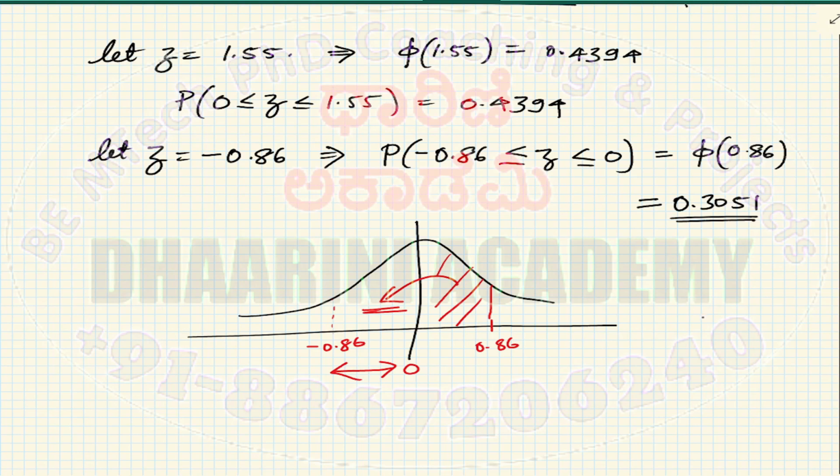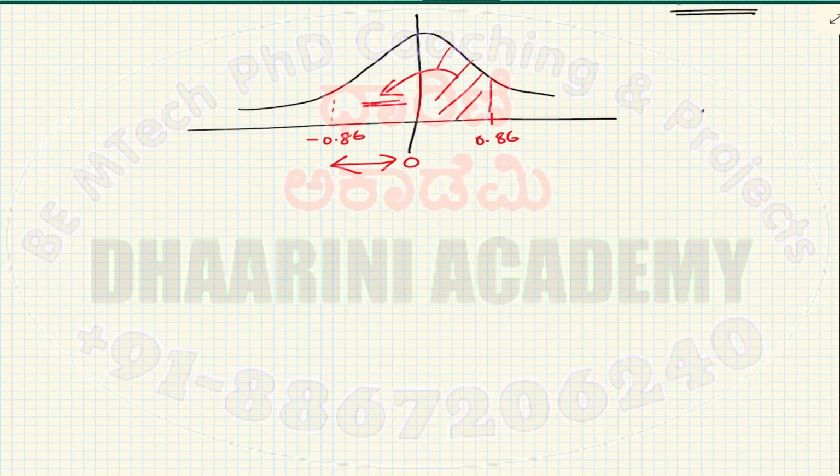Alright, let's go to another scenario, wherein I want to find this value, that is the probability that minus 0.44 is less than or equal to z less than or equal to 1.76.